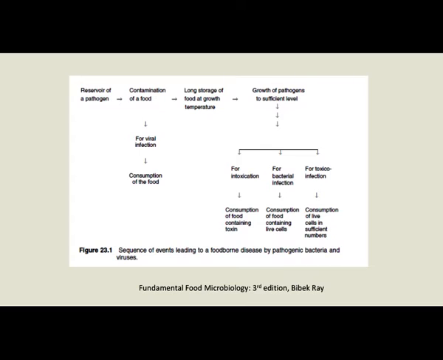Now, for intoxication, we have to consume the food containing the toxin. For bacterial infection, you have to consume the food containing the live cells. For toxico-infection, you have to consume the food containing a large number of bacteria. Now, for viral infections, the viral pathogen has to be present in the food and you have to consume it. So, this is the normal sequence of how a foodborne disease manifests itself in a person who consumes the contaminated food.